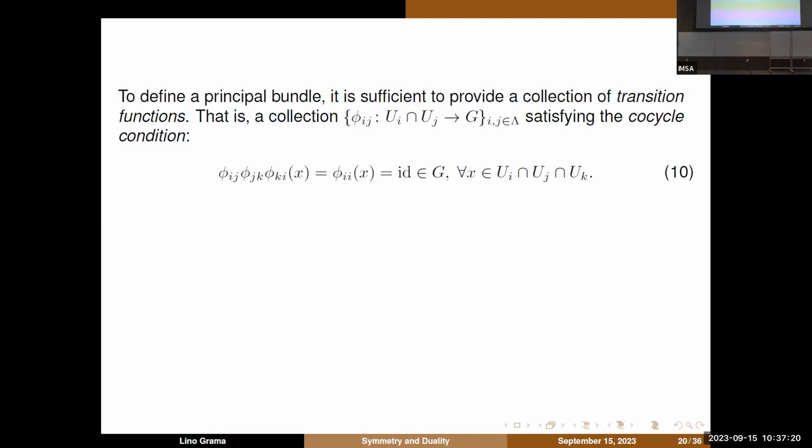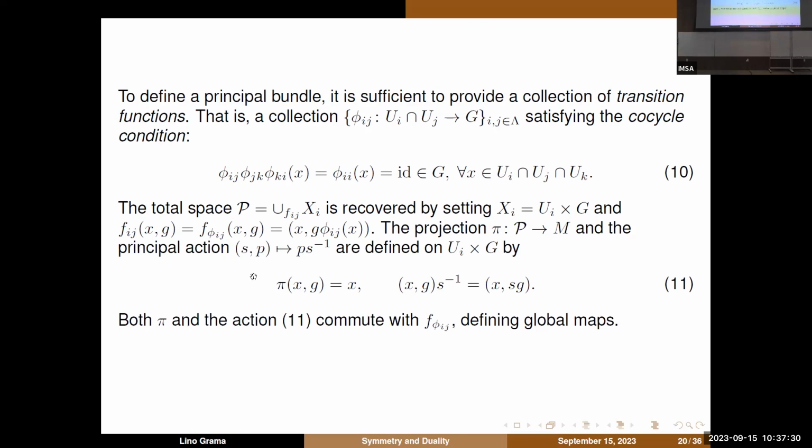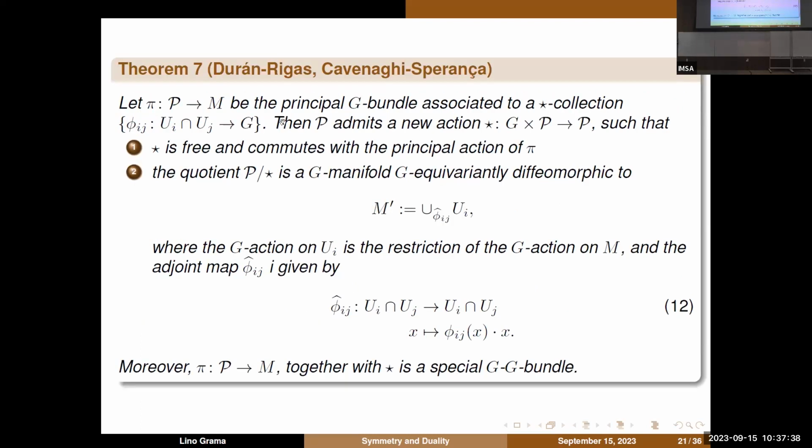As I told you, picking a collection of these transition functions satisfying the cocycle condition, we can define global maps using this representation theory, and this is the most useful for us.